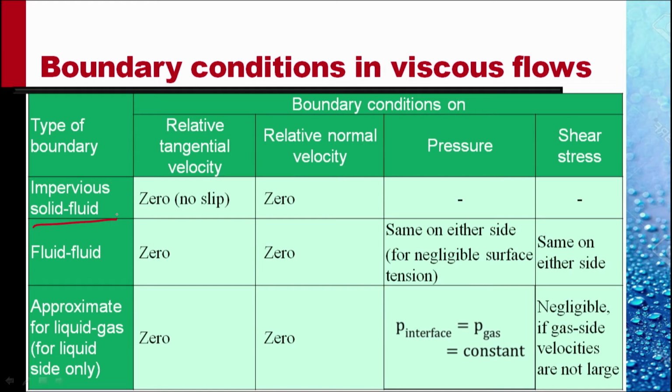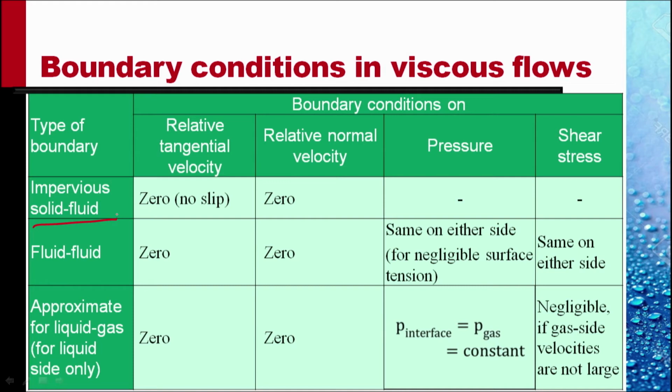At a fluid boundary, the relative tangential velocity is again zero, no slip. Relative normal velocity is again zero. We are again assuming there is no penetration of one fluid into another fluid. The pressure is the same on either side for negligible surface tension. The shear stress is the same on either side. Pressures and shear stresses and velocities are all continuous.